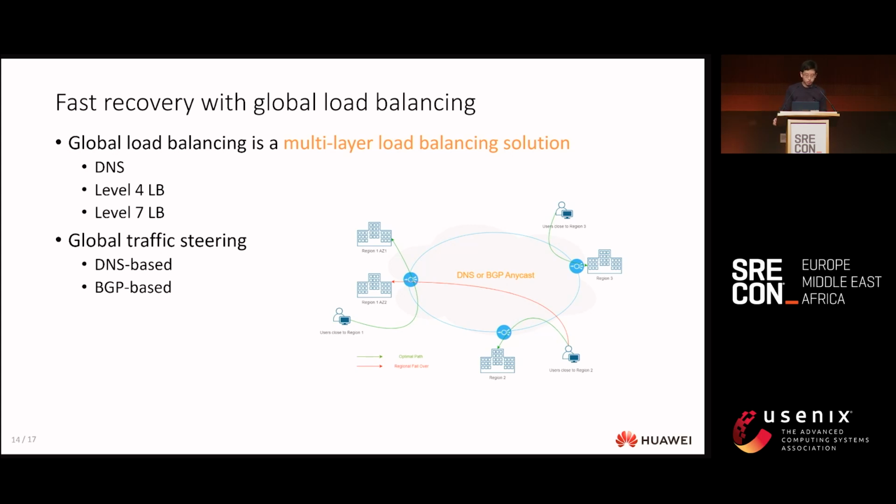Another of my work over the past 3 years was building load balancers. We built a DNS-based global server load balancer. We also have level 4 load balancer and level 7. So the global load balancing in our context is not a single service. It's a multi-layer, full-stack load balancing solution. From the global traffic steering perspective, there are primarily two approaches to implement.